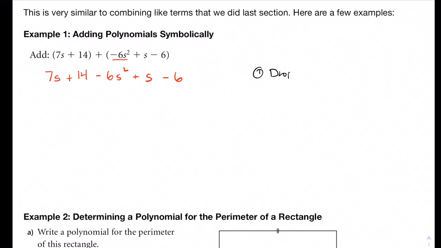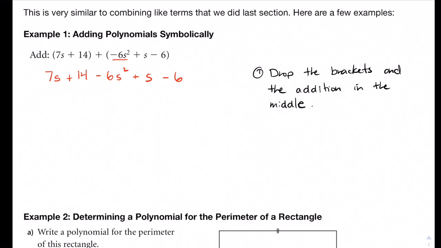We drop the brackets and the addition sign in the middle. So that's what I did. So now I have 7s plus 14 minus 6s squared plus s minus 6.